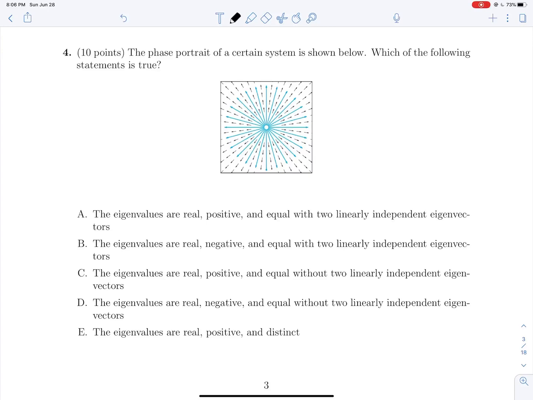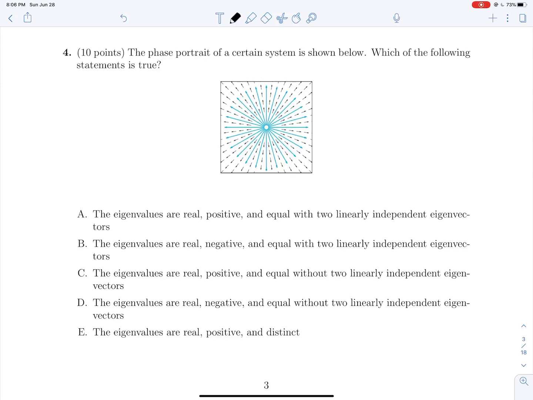Well, just to give you a little bit of an idea of why this works the way it does, because I personally have a lot of trouble connecting the linear independence of the eigenvectors with the proper or improper nodes. Let's think about what is really going on here.